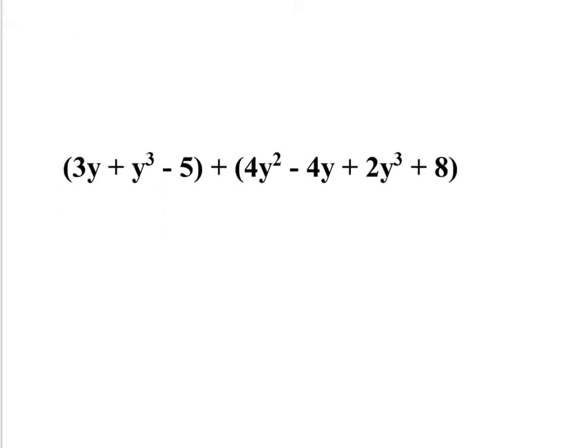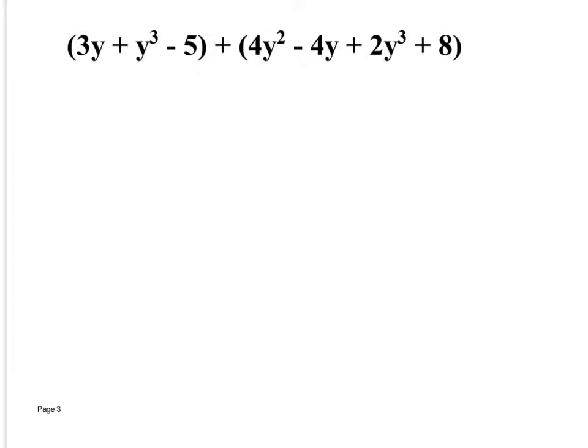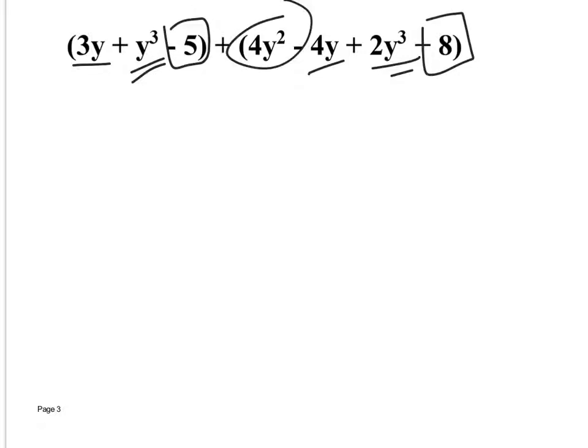All right, let's do a couple more. Write this down. I look for like terms. 3y goes with negative 4y, you've got y cubed that goes with 2y cubed, you've got negative 5 that goes with 8, and you've got that one by itself. So y cubed plus 2y cubed would be 3y cubed.